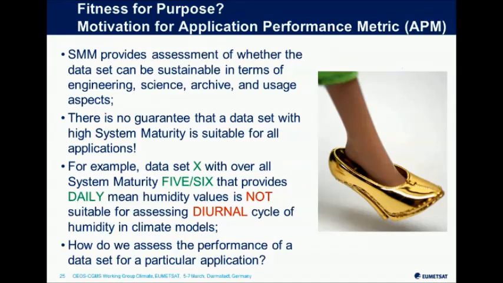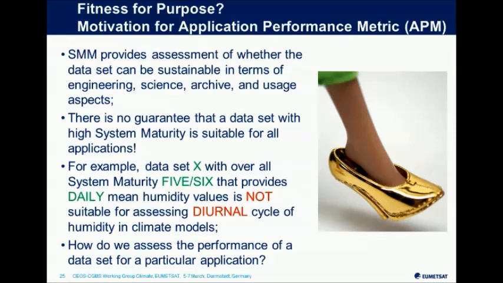For example, there's a dataset X with overall system maturity metrics 5 or 6 that provides daily mean humidity values. It's not suitable for assessing the diurnal cycle of humidity in climate models, because the temporal resolution is not enough. So the user wants to know all the technical details before he decides whether a dataset is usable for a particular application or not.